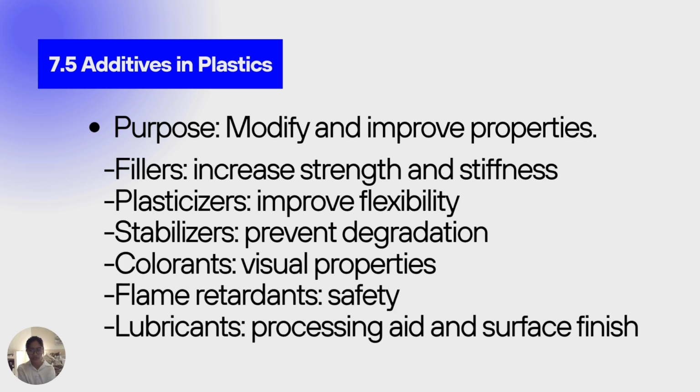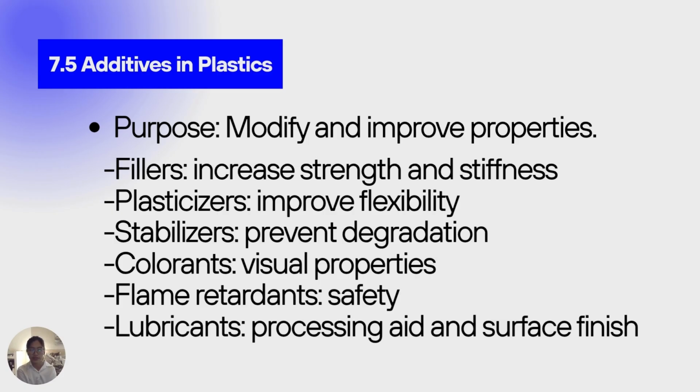Plasticizers increase flexibility and reduce brittleness by lowering the glass transition temperature. Stabilizers protect polymers from degrading due to heat, UV light, or oxidation. Colorants add pigments or dyes for appearance. Lubricants and processing aids improve mold flow and reduce friction during extrusion or molding.